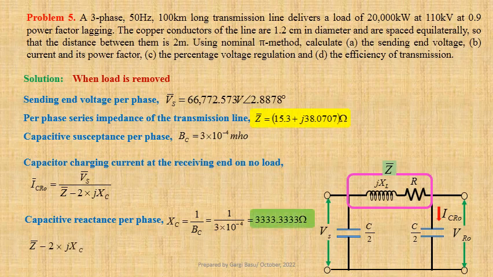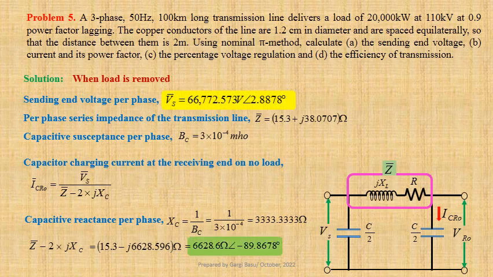Now we shall determine Z minus 2 into jXC. Using values we get 15.3 minus j times 6628.596 ohm. This may be written in polar form as 6628.6 ohm at an angle minus 89.8678 degree.